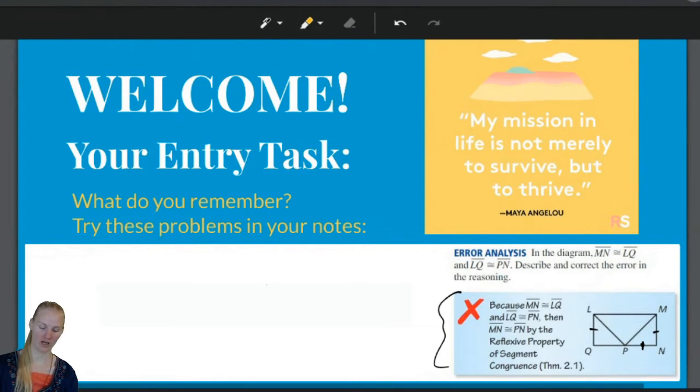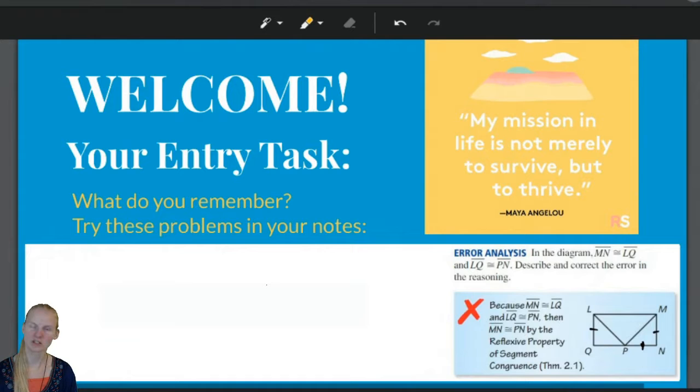So we're finding something is wrong with this, and we need to figure out what's wrong. So because MN is congruent to LQ, then MN is congruent... Oh, wait, I missed something. Because MN is congruent to LQ, and LQ is congruent to PM, then MN is congruent to PN by the reflexive property of segment congruence.